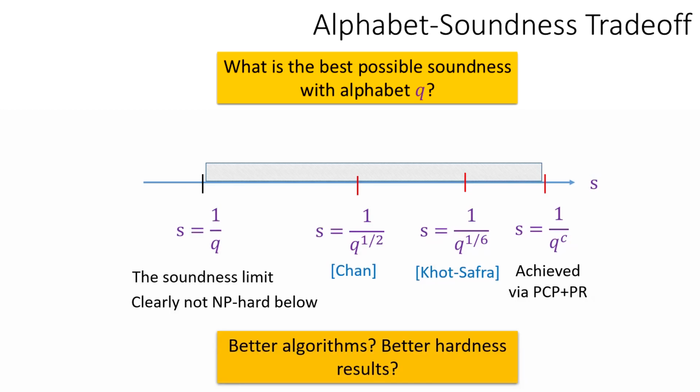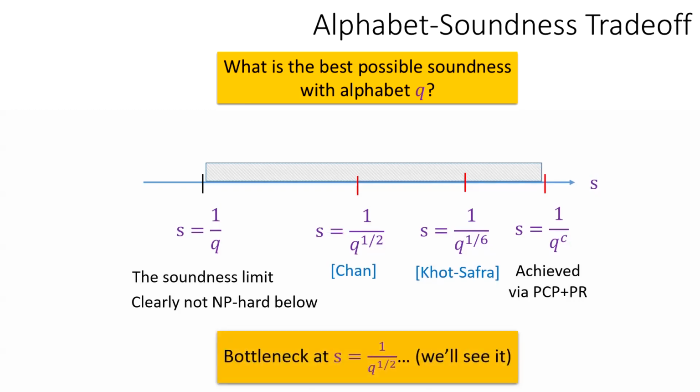Then this was improved by Xiao and Chan, who got soundness which is roughly 1 over square root of q. So I'm omitting some logarithmic factors. You'll have to forgive me about that. And we'll talk about it. There is some sort of bottleneck for some techniques that lie at this quadratic point.